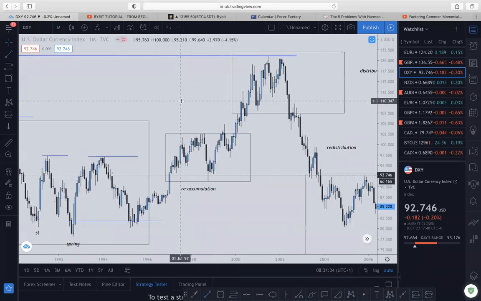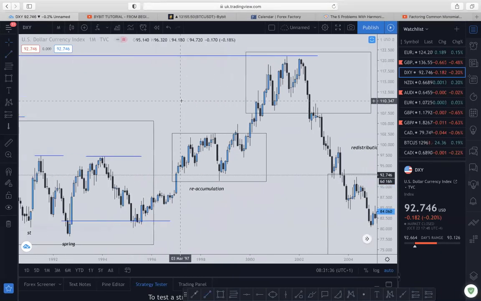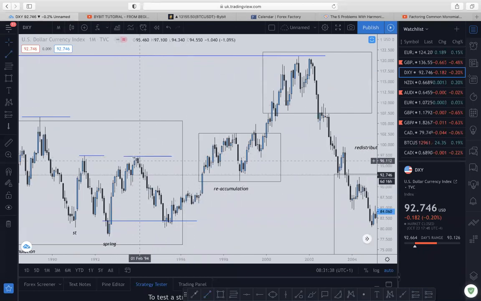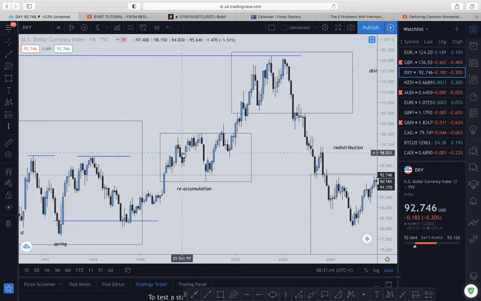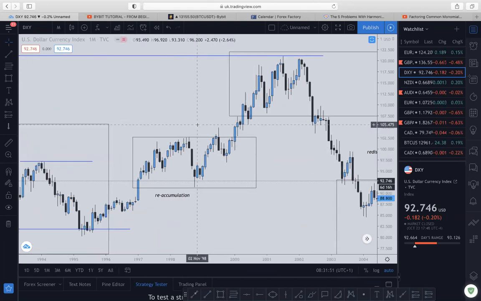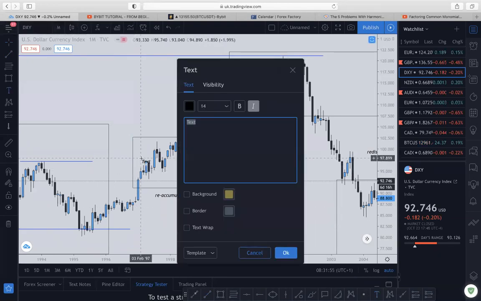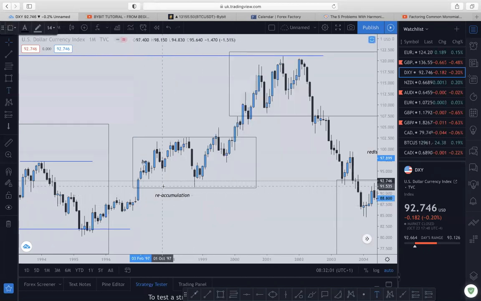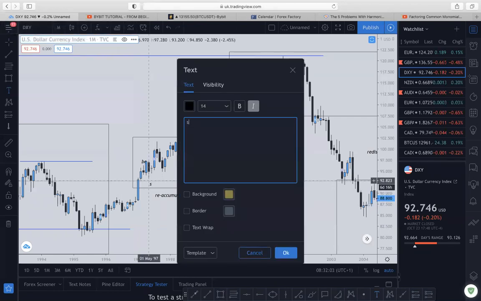Now let's focus our attention inside this area. The bullish move began after we broke the market structure of the spring, came back to retest the spring, and boom, we went. Our first consolidation area becomes our reaccumulation, just like I said. Now let's pay more attention into this area and see what happened. This becomes our buy climax, sorry, our sell climax.